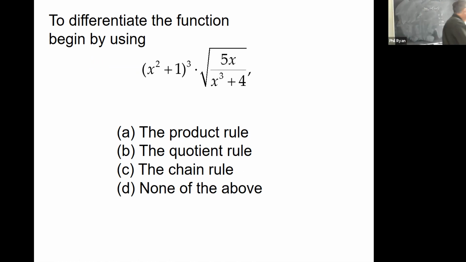Matt, again, what about this one? How would you begin that one? Start with the product rule. Exactly. So the way that it's put together is it's this times this, right?